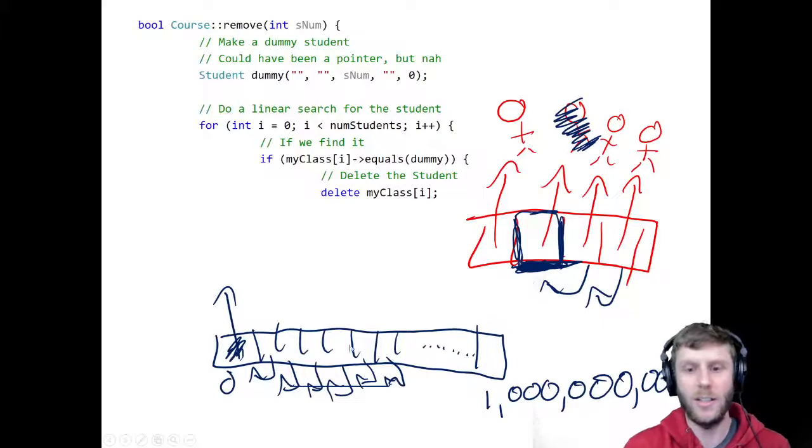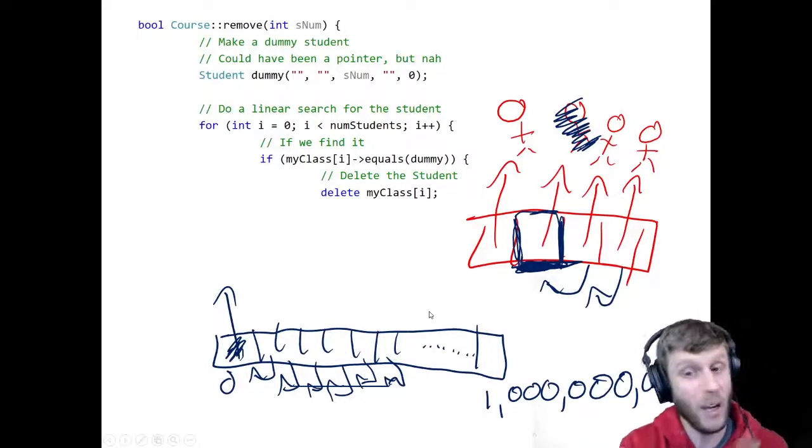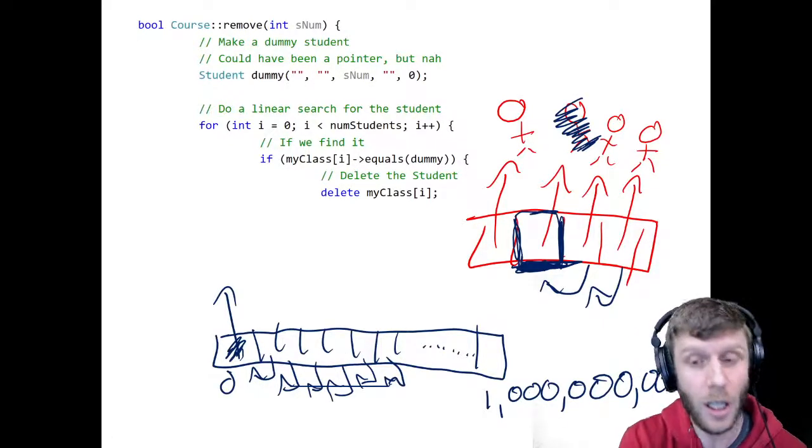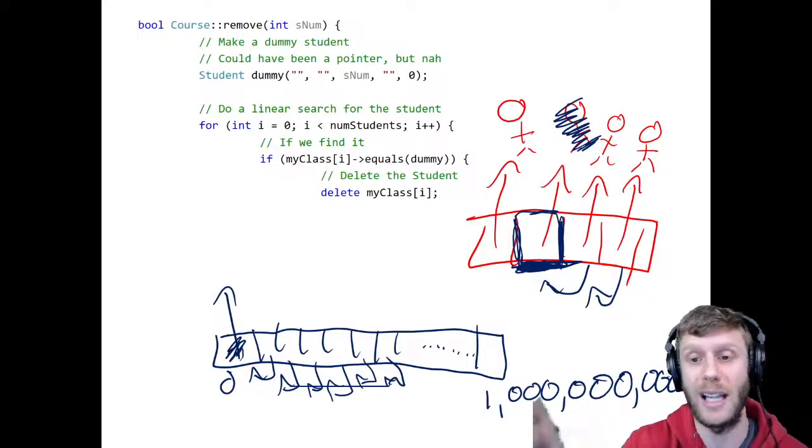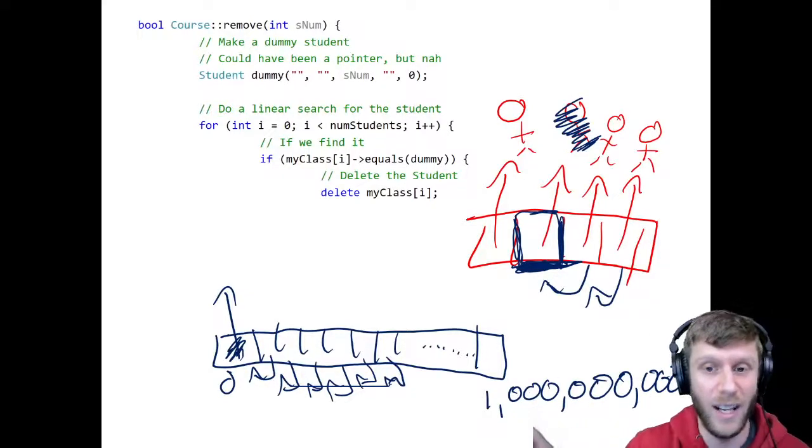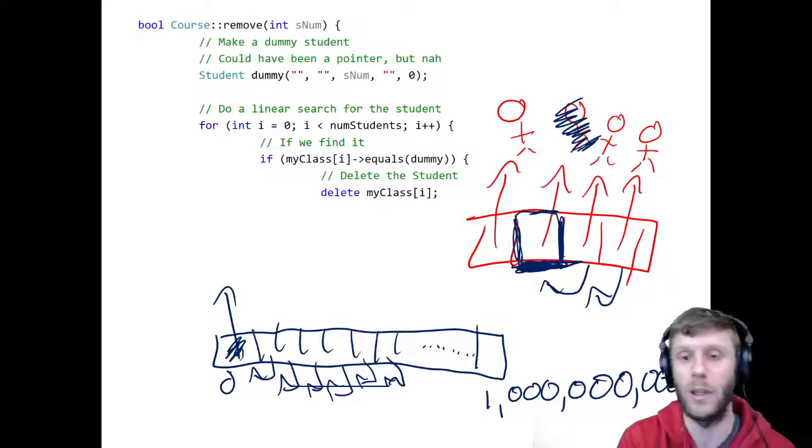What we're going to do instead, and we can get away with this because the order of the students in the student class does not matter at all. It doesn't matter if James Hughes comes before Sally Smith.